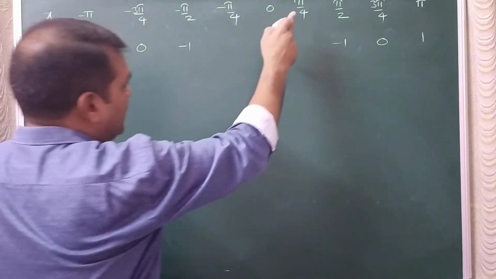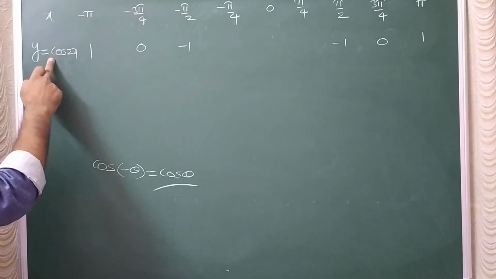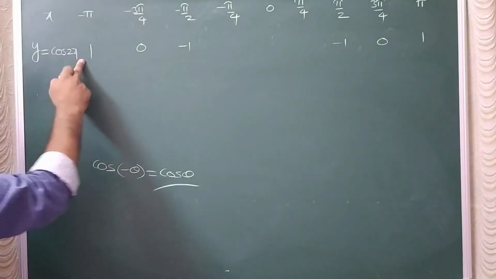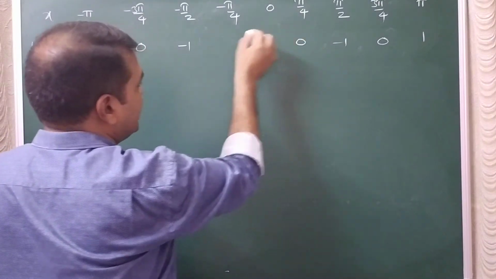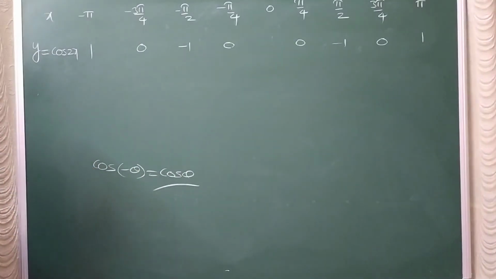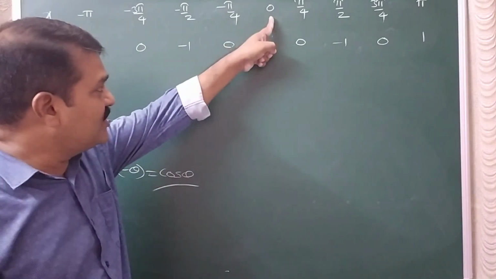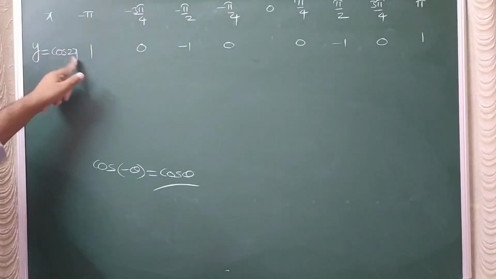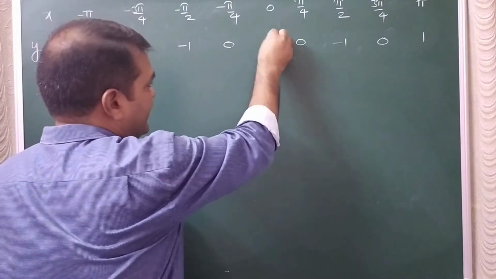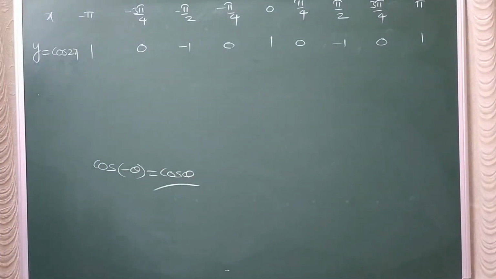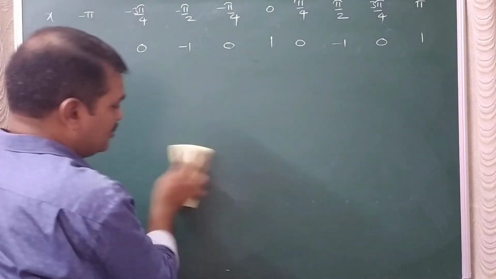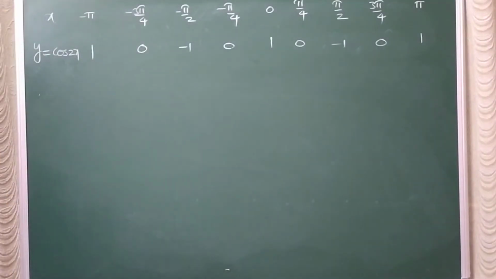Now when you put pi by 4, you will get cos pi by 2, which is 0. The same you will get for this also. When x is taken as 0, then y is equal to cos 0. That means you will get 1. So these are the values obtained for y is equal to cos 2x between the interval minus pi to pi.